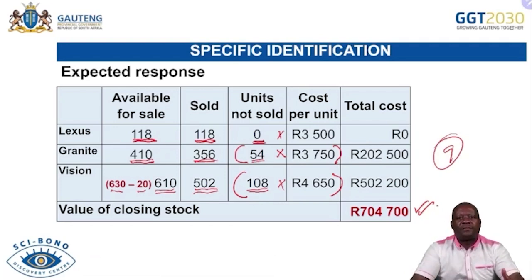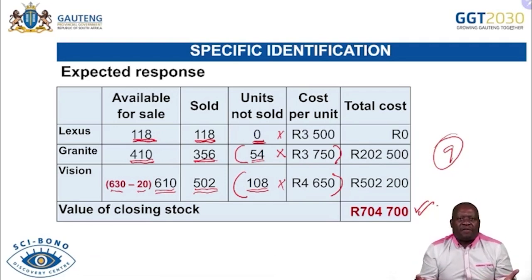You can do it. Remember, we are saying a specific model is unique. And because of that, we can never confuse Lexus and granite. They are unique. And we know each model has its own unique price. So identify how many of this model are there.